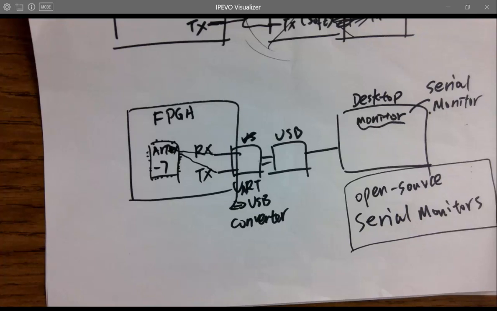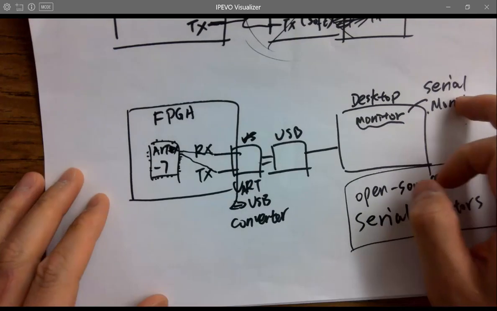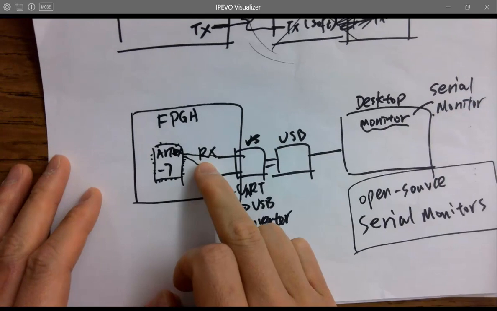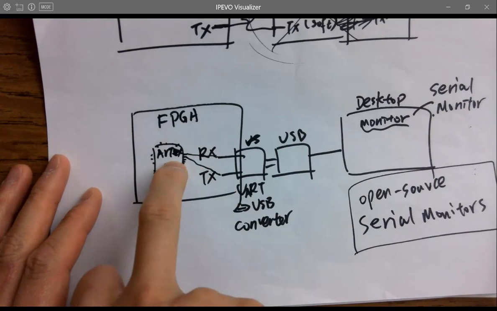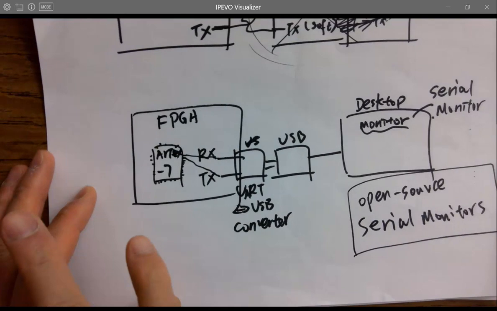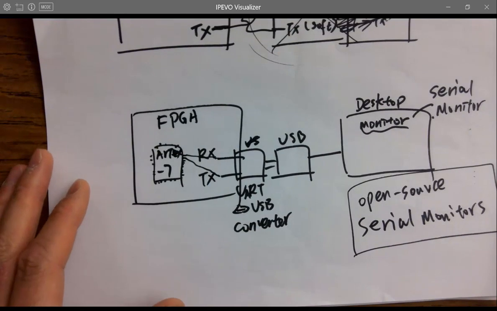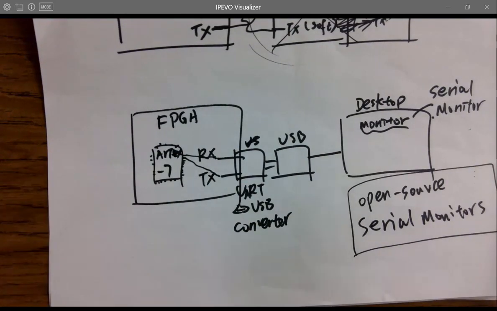Is that just TX? It's transmission. So this is testing transmission. So how do we test RX? This FPGA will receive data and do something. How do we do it? Can we use the same serial monitor?